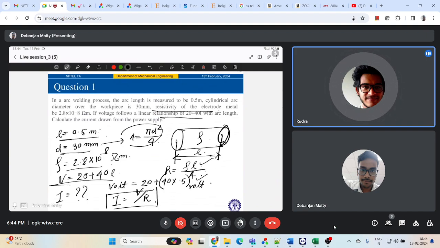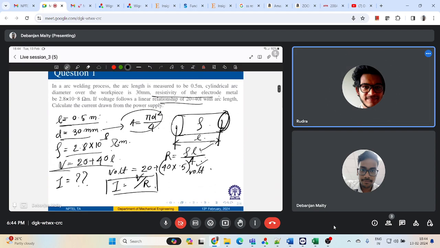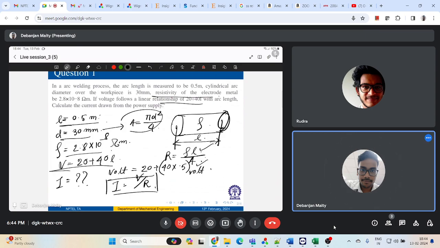Maybe I made a mistake. 1.48 into 10 to the power minus 5. The current value is too less.